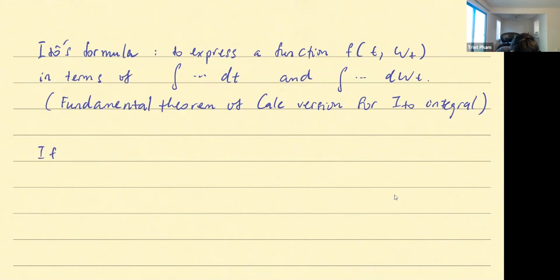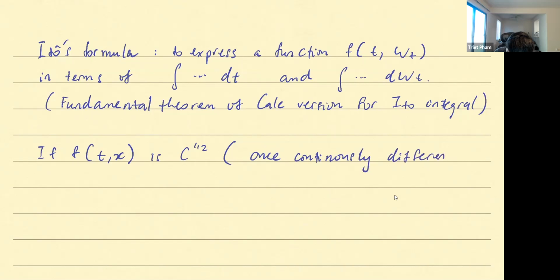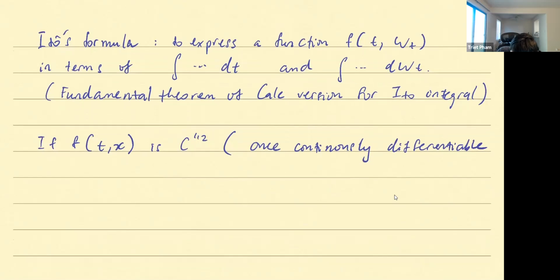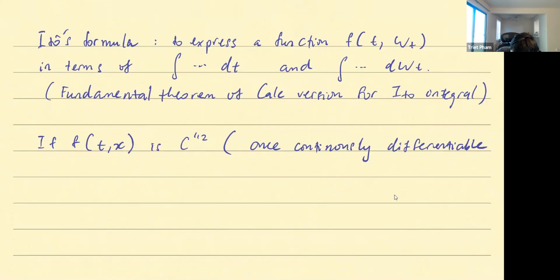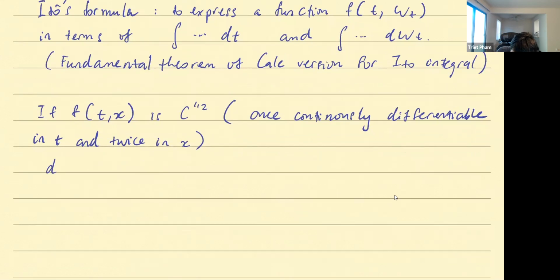If we have a function, let's say it is C^{1,2}, that means one time continuously differentiable in t and twice in x, then the differential of f depending on t and the Brownian motion will be like this.